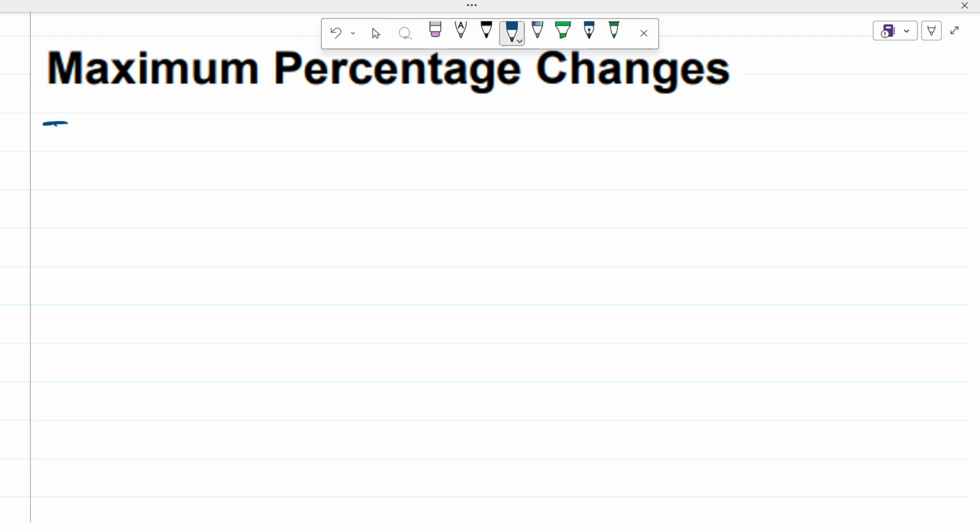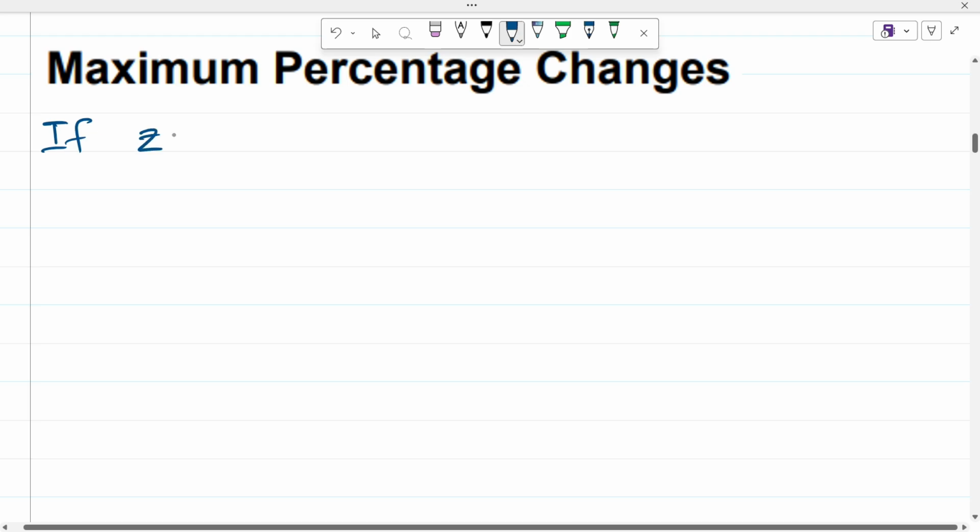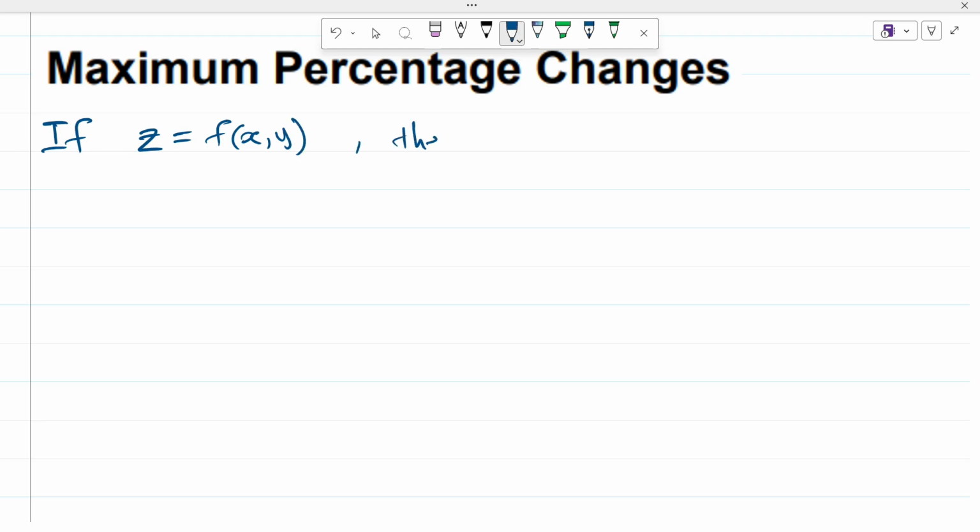If z is a function of x and y, then the maximum percentage change in z is going to be equivalent to the partial derivative of z with respect to x multiplied by the percentage change in x, plus the partial derivative of z with respect to y multiplied by the change in y.